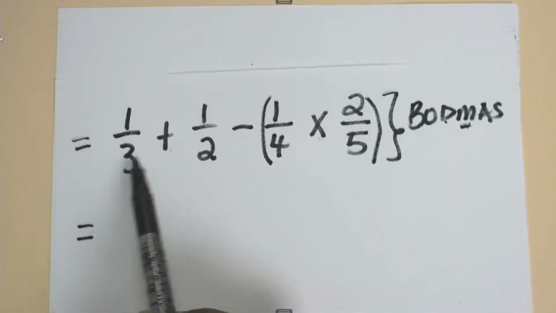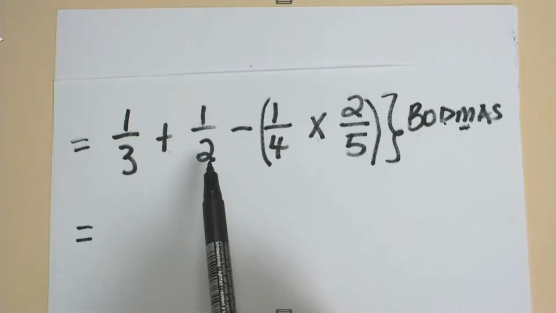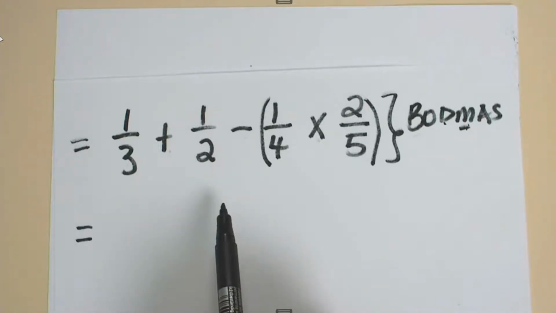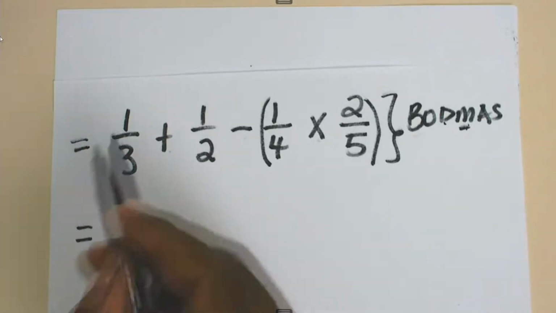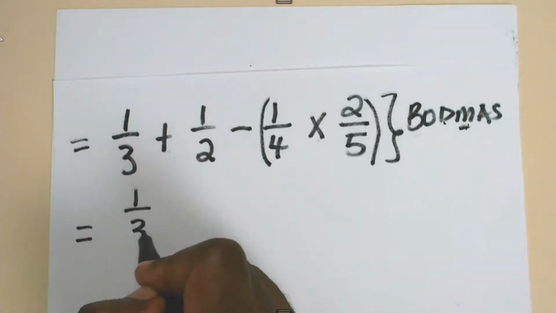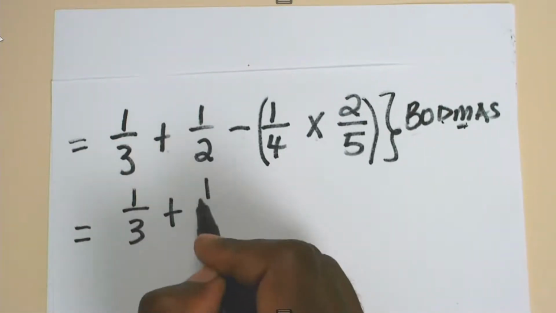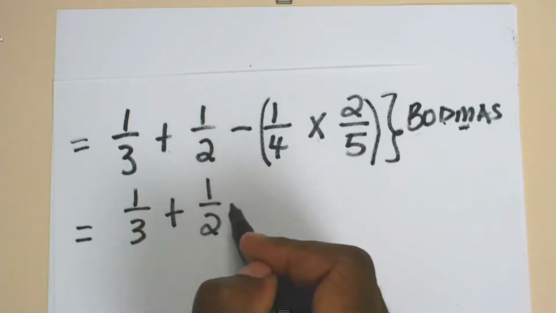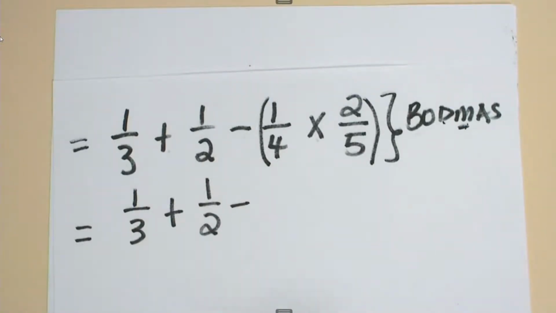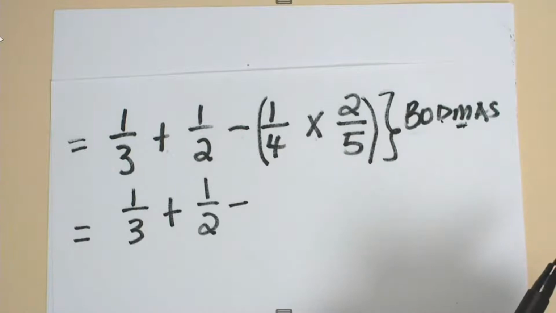The others, a third plus a half, they are going to still remain as they are. We'll drop them down as they are. So we'll say it is equal to a third plus a half, and the sign minus, we leave it as is. Then we work out these two brackets where we're supposed to multiply.